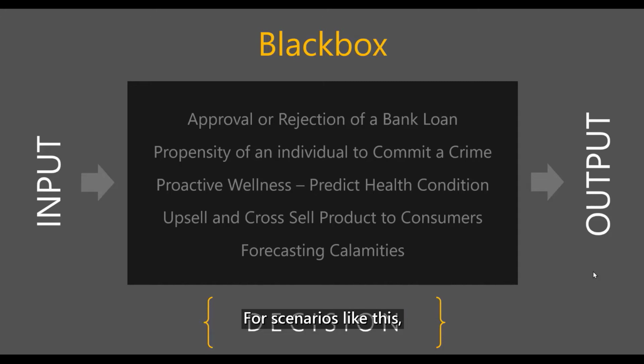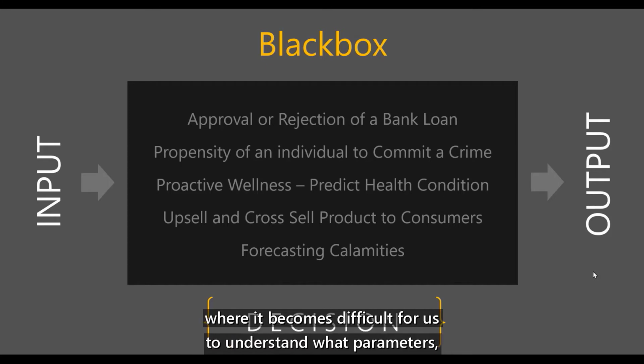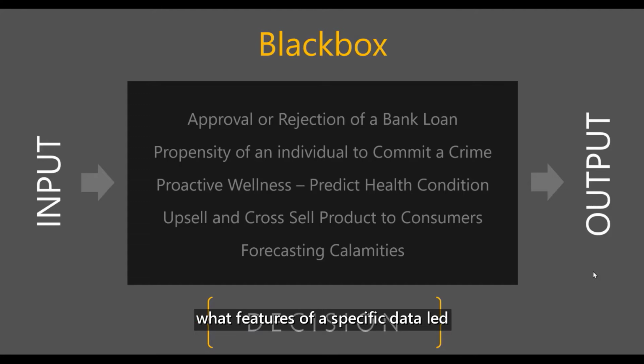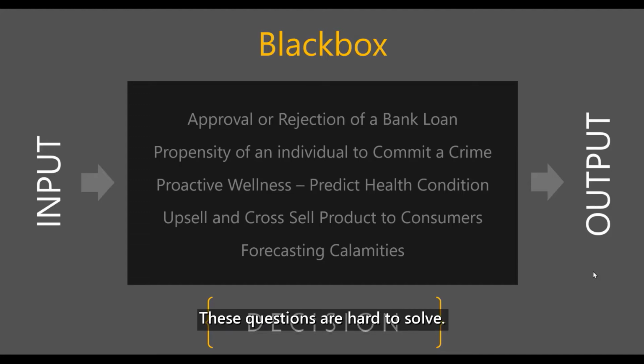For scenarios like approving or rejecting a loan, you can probably build a system where the parameters against which decisions were made can be called out, but there are certain problems, specifically neural network or deep learning problems, where it becomes difficult for us to understand what features of a specific data led to or influenced the outcome. These questions are hard to solve.